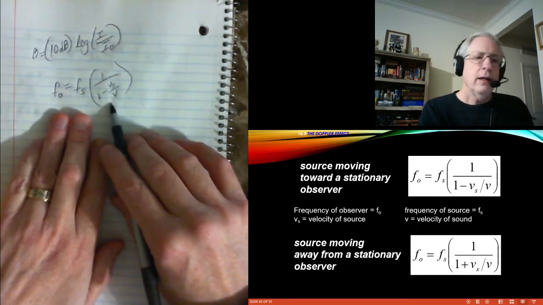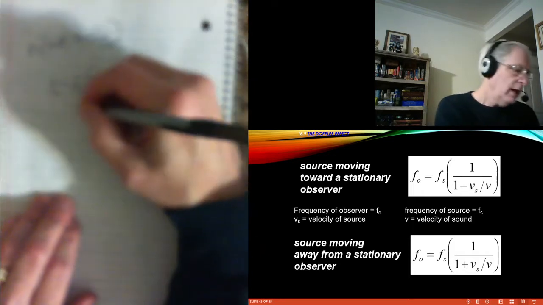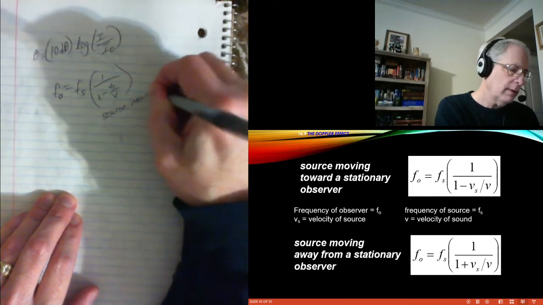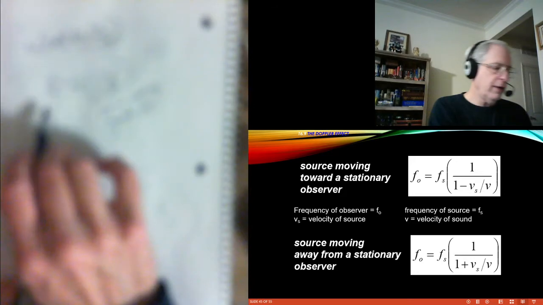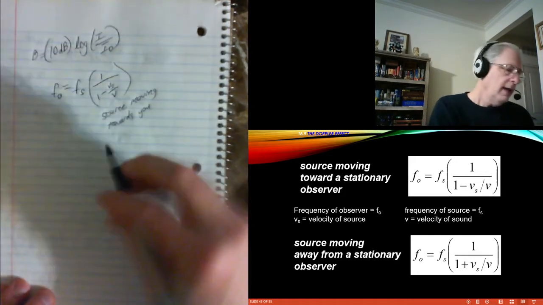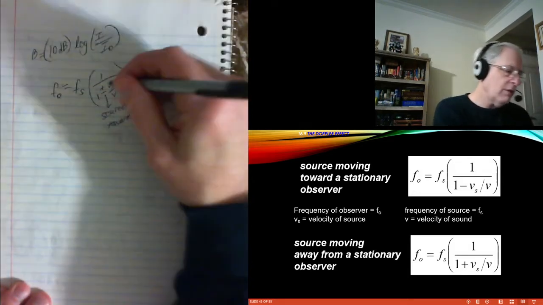This is when the source is moving towards you. Notice how it's a negative. So if you're the observer and the source is moving towards you, it's subtracted here. And so we can do a plus and minus here. It's minus if the source is moving towards you.